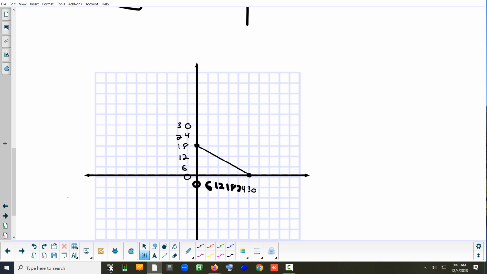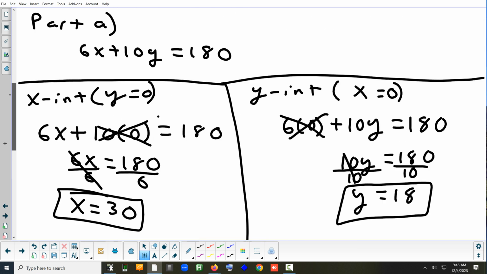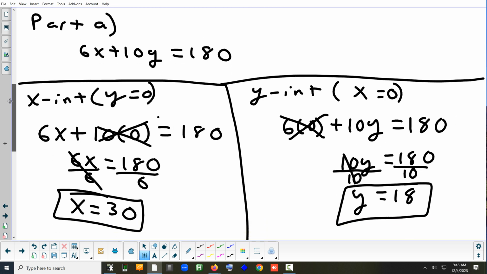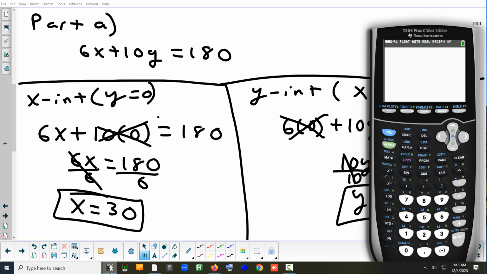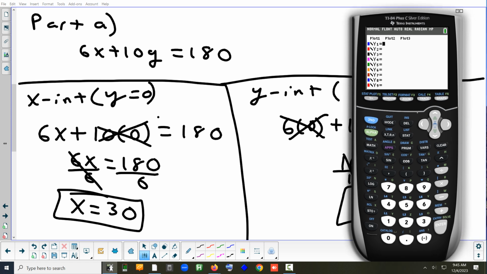Right, now what I'm going to do is graph this same thing on the calculator so I can make it a little bigger so you guys can see it better. You don't have to know how to graph it on the calculator. What we graphed on paper, that was perfect.